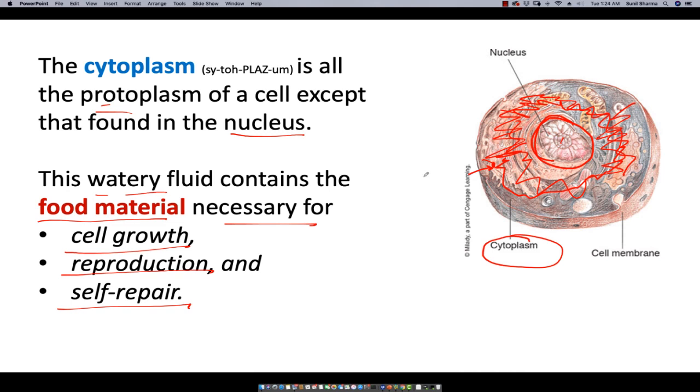We either eat proteins, carbohydrates, and oils, lipids, and so all that then begins to get filtered into the cell, and then the cell breaks that down and utilizes that food for energy and reproducing and cell growth and repair. And so that's where the food material, it's talking about.